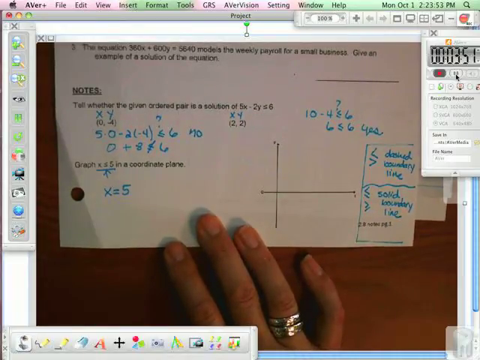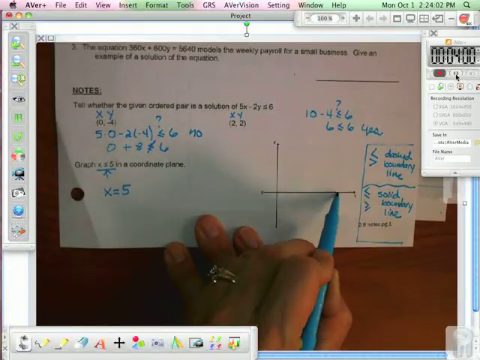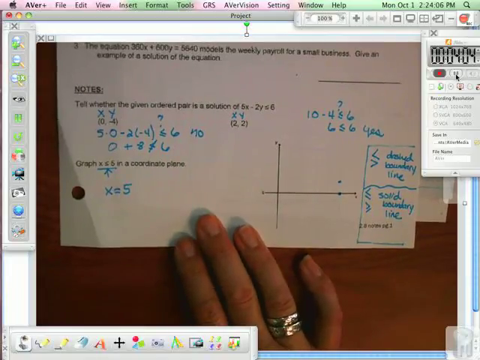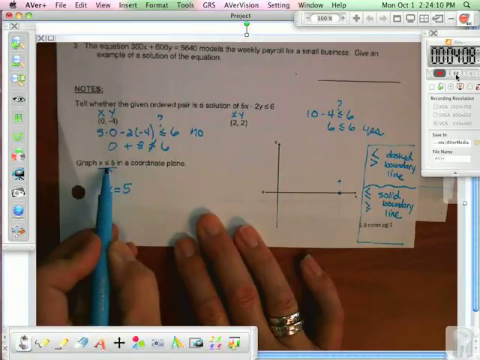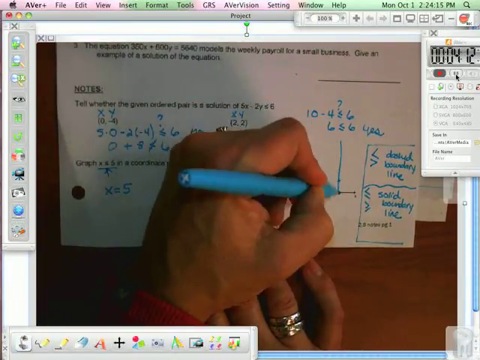What kind of line is that? It's telling me all the x values are 5. So 1, 2, 3, 4, 5. I'm going to go over here and just put a couple dots where x is 5. I'm not going to connect them yet until I check to make sure, is this going to be a solid or a dashed line? Solid. So now I'll connect them with a solid line.